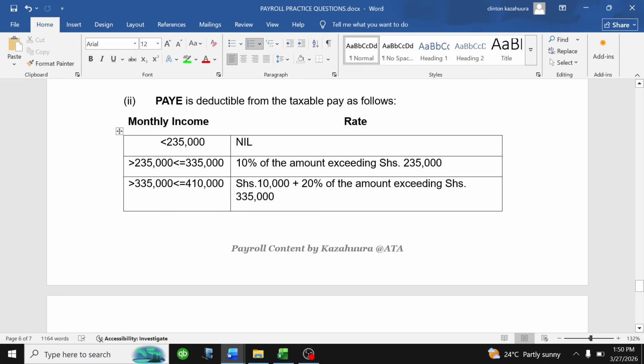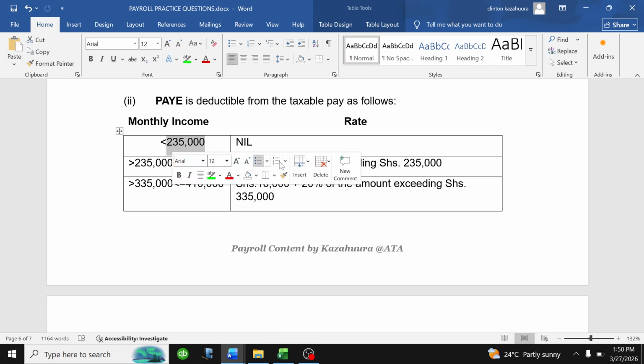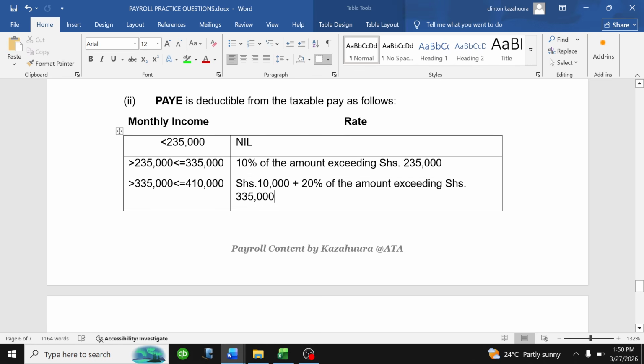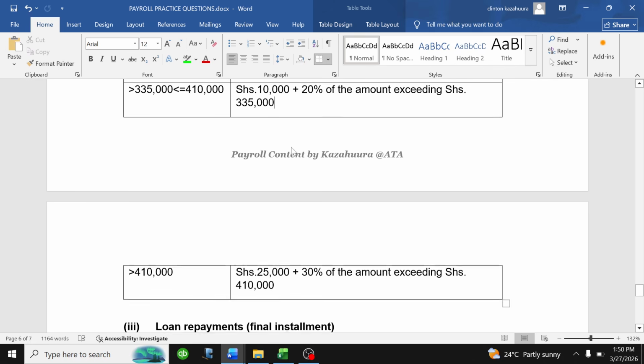But there is a proposal in the government for those who are earning beyond 10 million, they want to start charging 40%. Then the threshold will move from 235,000 to 335,000. But all those changes have not yet been made. So if you really want to know how we enter the pay as you earn formula, then we also refer to the first video that we did.